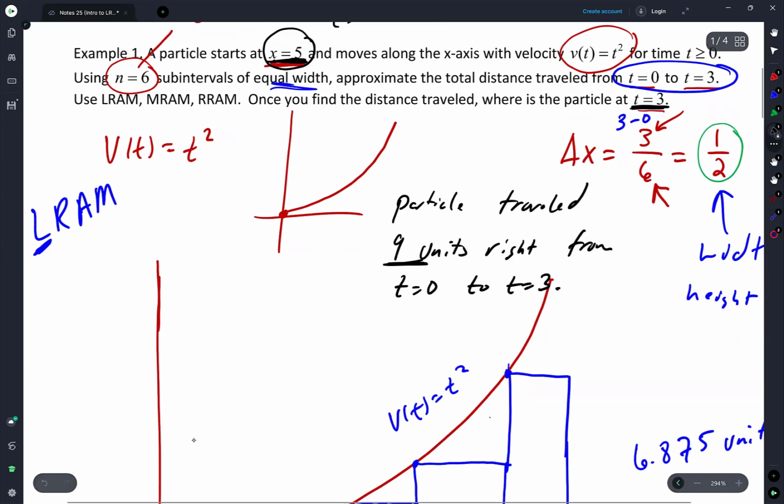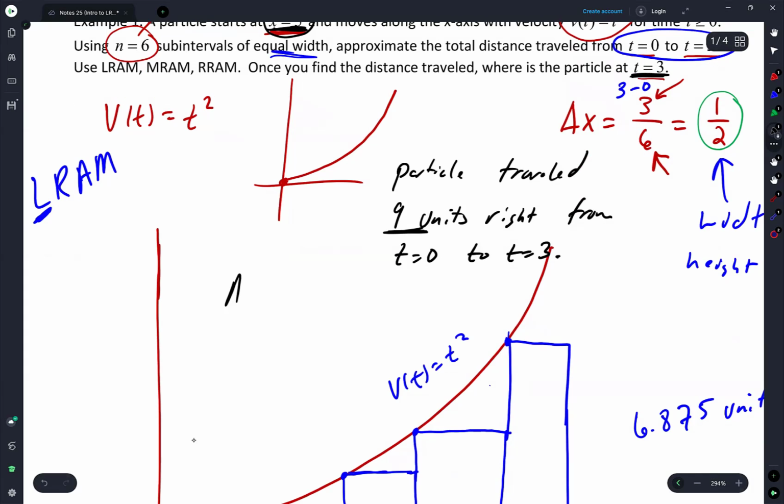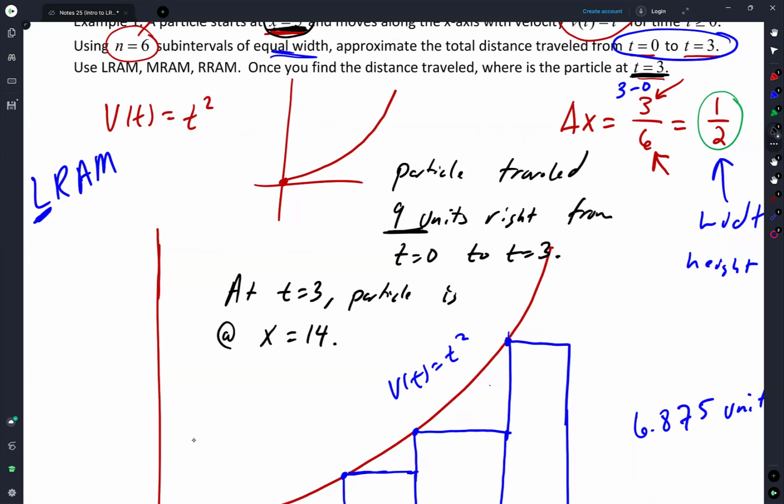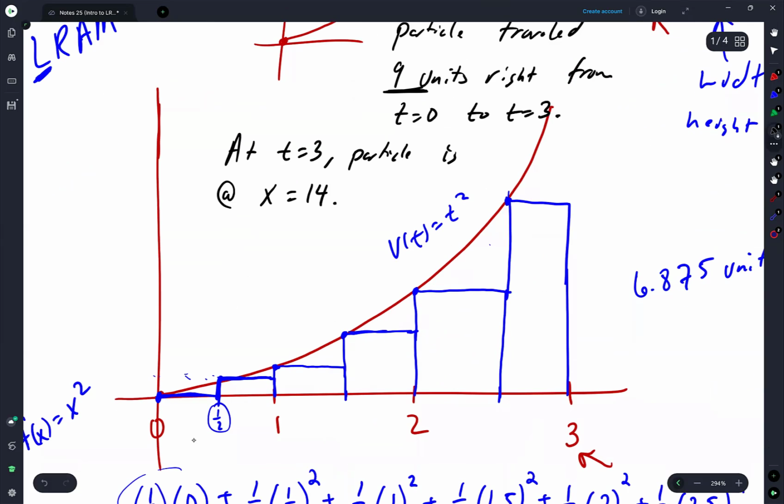So I'm going to say it again. At t equals 3, the particle is at x equals 14. In case you're confused, this graph, the red curve, only gave me my velocity at a time. It doesn't tell me my position. Right now we're rookies. We're only doing one-dimensional motion.